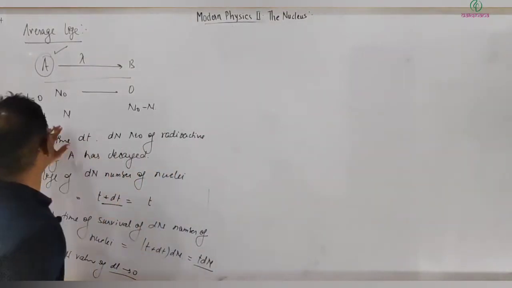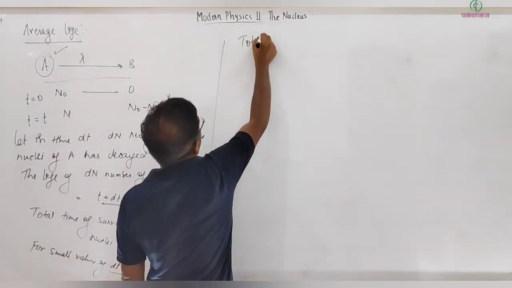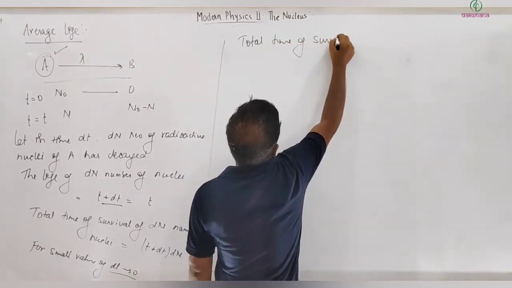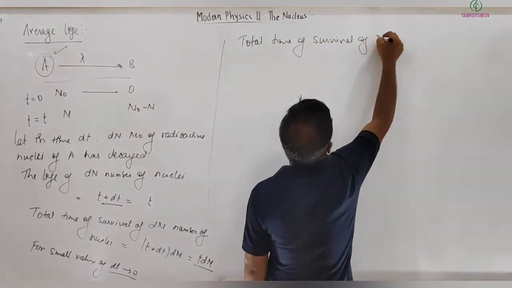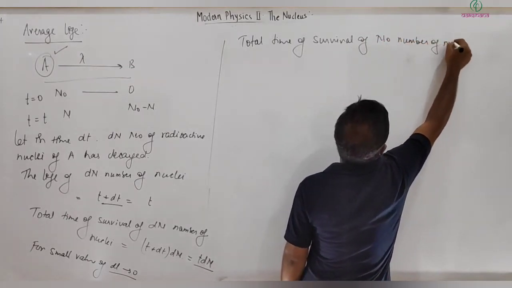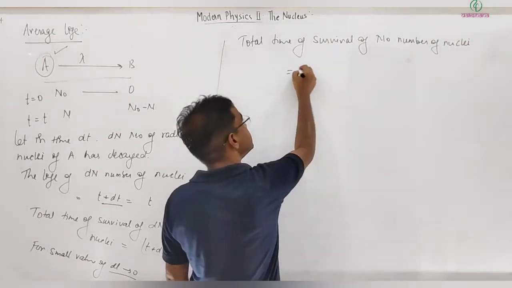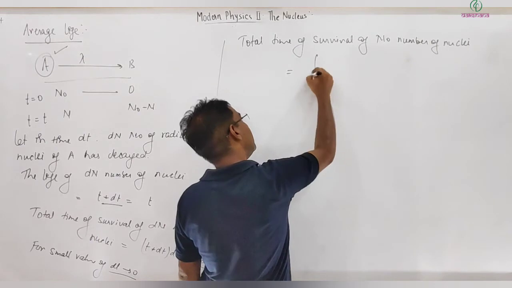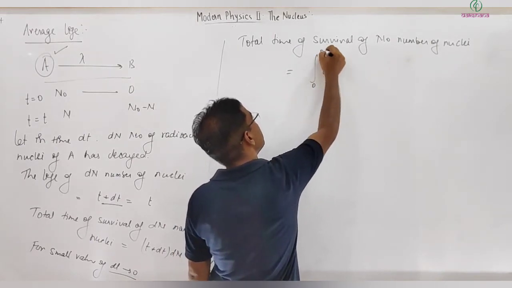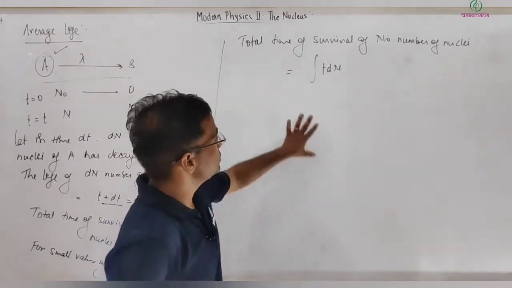If I want the total duration of survival of n naught number of nuclei, then I can write this is equal to the integration of t dn from 0 to n naught. For the complete set I will get this, so this is the total time.